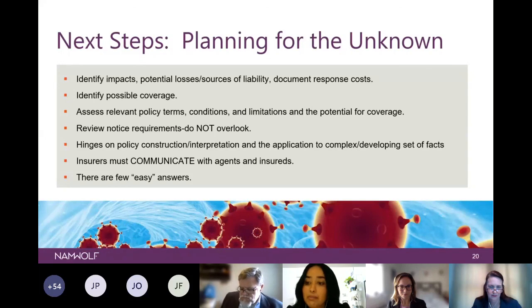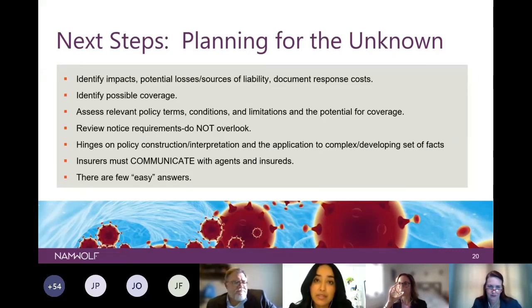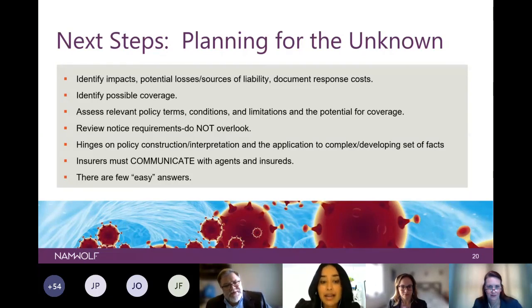As we're planning for this unknown, a lot of insurance companies need to take into consideration that if they're going to deny these types of claims, make sure your declination letters specifically explain and conduct an analysis of what you've reviewed, what you have considered, and why your position is what it is. Those are all things that are going to be very helpful and will try to eliminate any issues of bad faith later down the road.